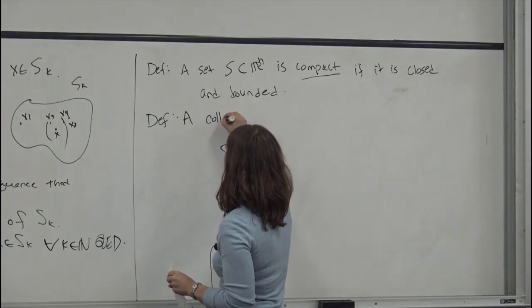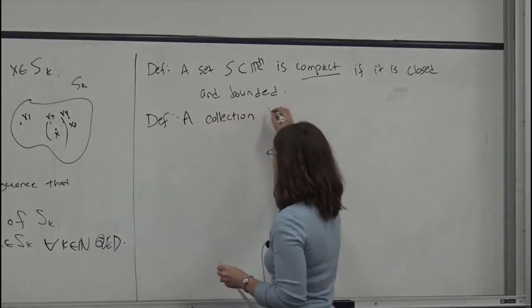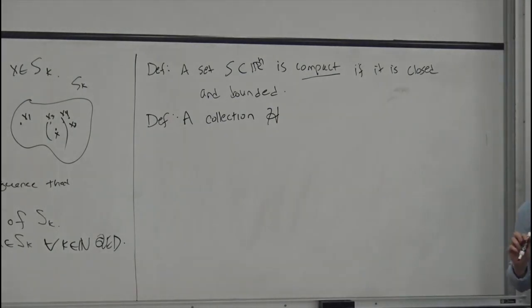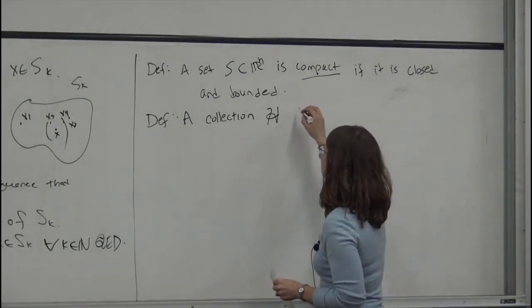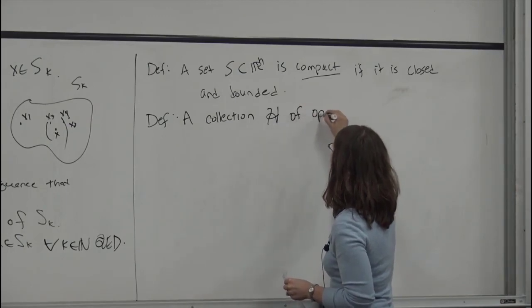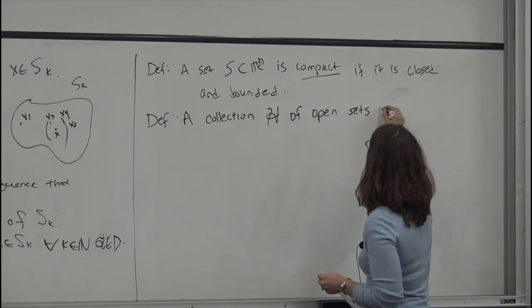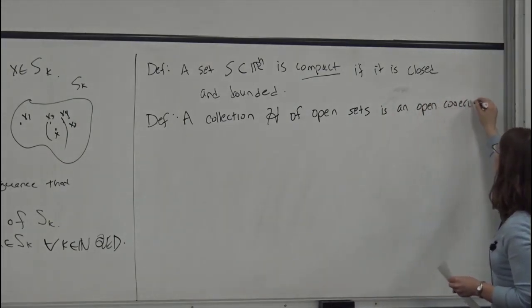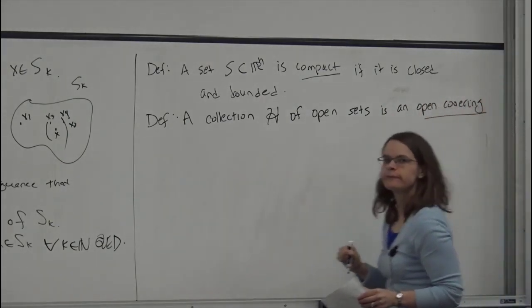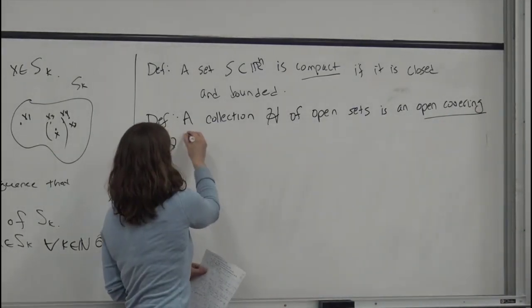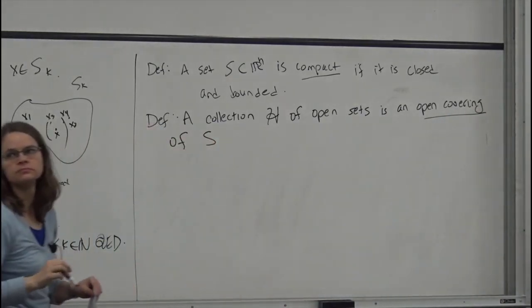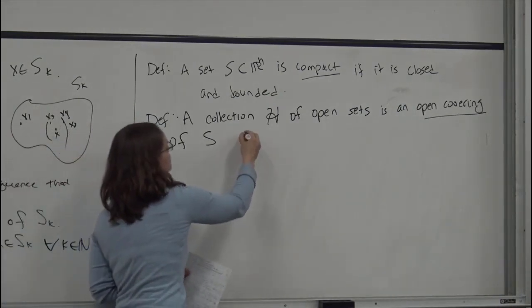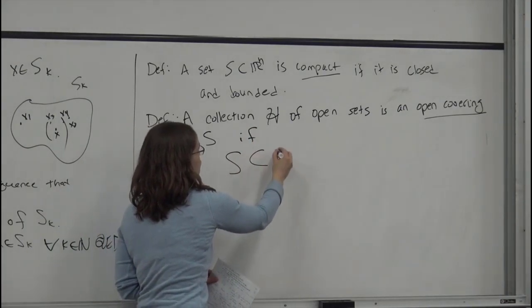So I'm going to define it, and I'll write down a couple examples, and we can see what's going on. So we start with a collection of open sets. I'll call it script H. So script H is a set of sets. It's a set of open sets in particular. We're going to call it an open covering of S if S is contained in the union of all of these sets.